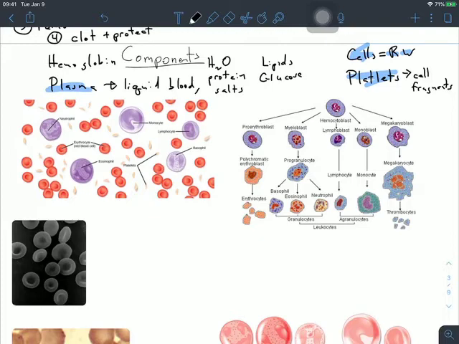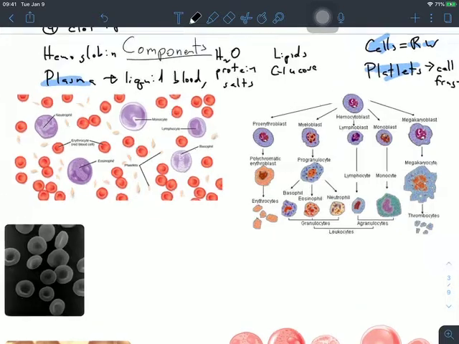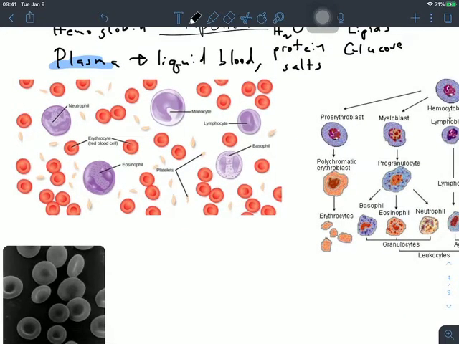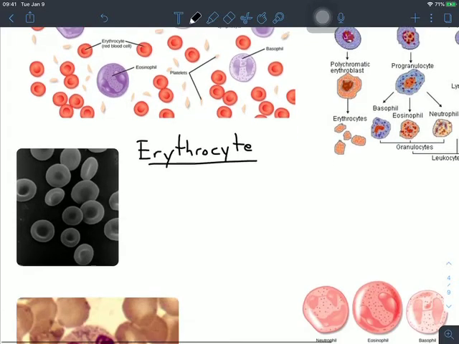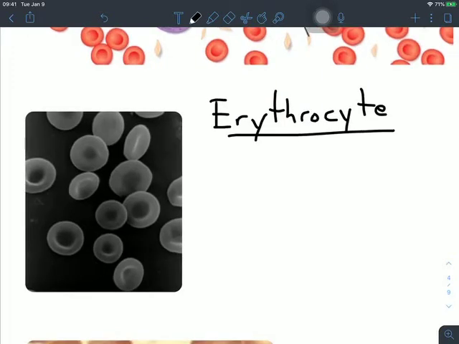So the first one that I want to discuss are our basic origins of our red blood cells, our erythrocytes. Here we have a scanning electron micrograph image, so this is actually what they look like.